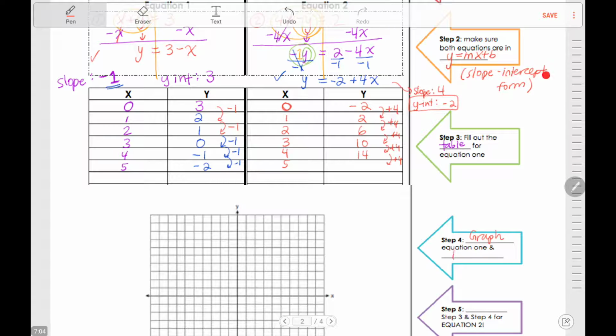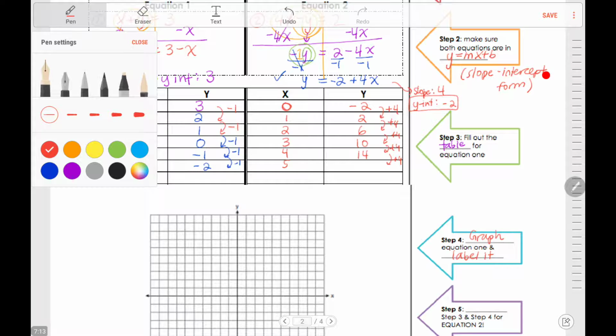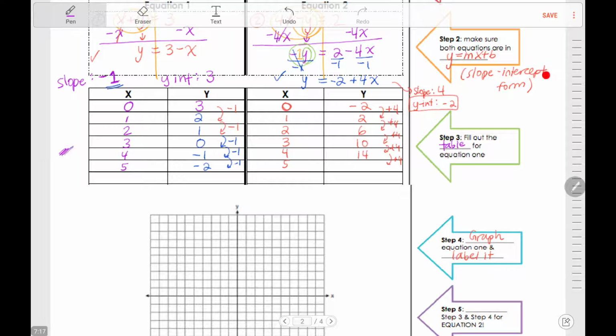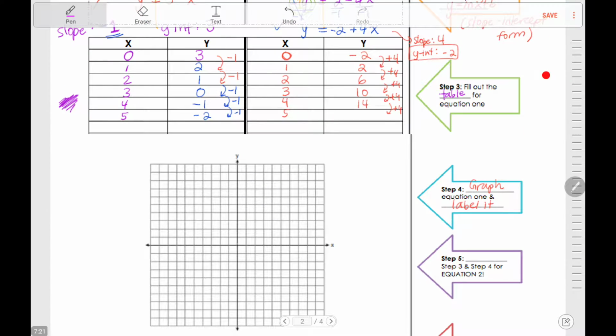Graph equation 1 and make sure you're labeling it. Because there are two equations in the same graph, we have to make sure we're labeling. So I'm going to plot my points for equation 1 in purple. So we have 0, 3, 1, 2, 2, 1, 3, 0, 4, -1, and 5, -2.